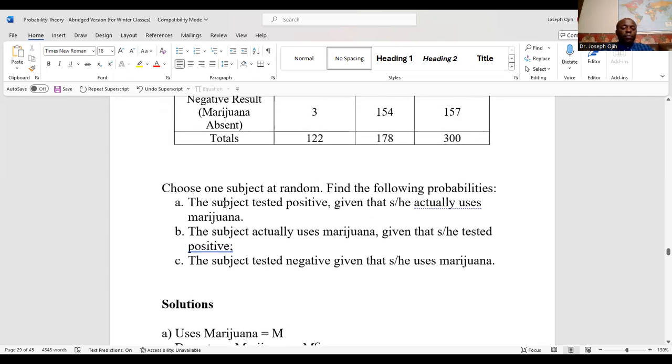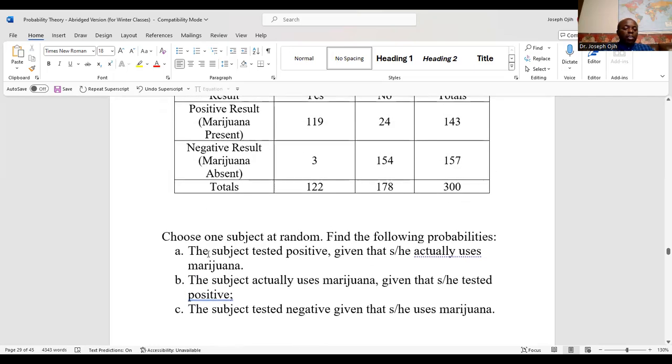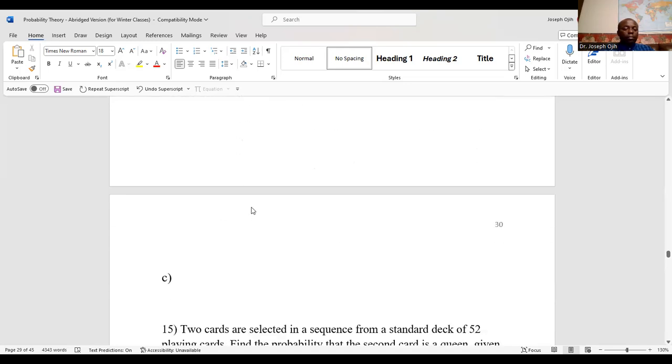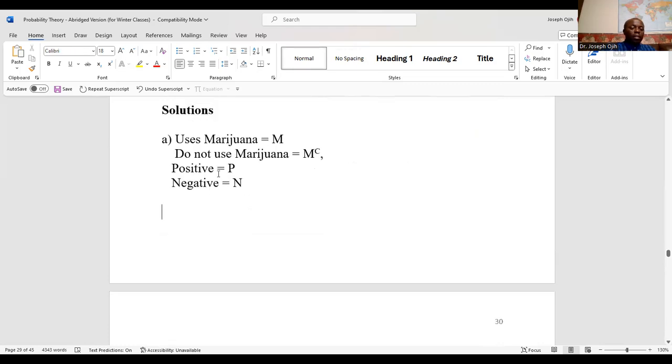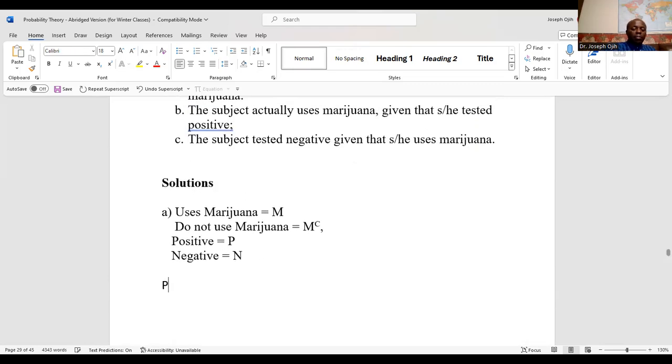Now let's answer the first question. The first question says, the subject tested positive, given that he or she actually uses marijuana. So we're looking for the probability that he tested positive, given that he uses marijuana.